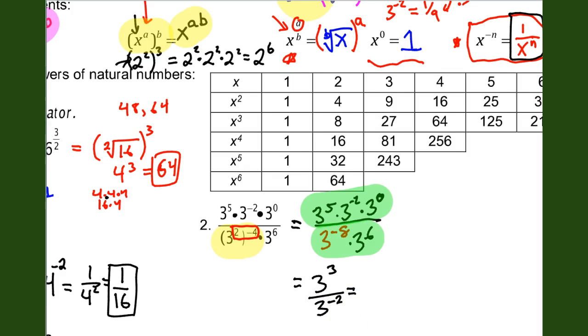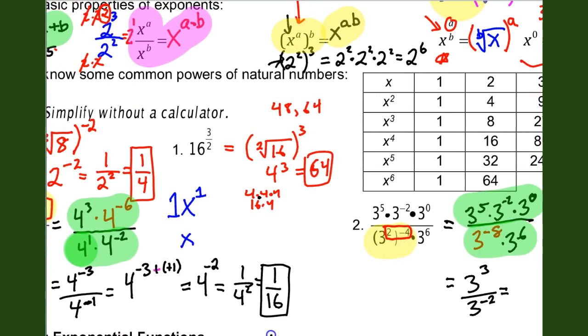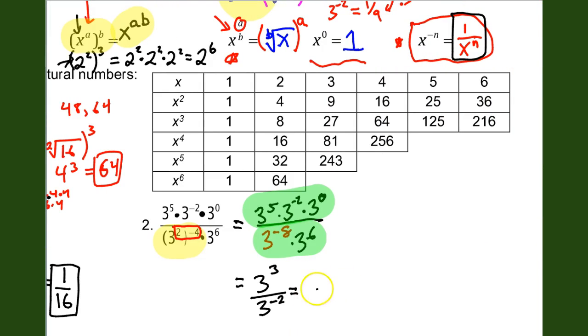Okay. So it's looking very similar to what we had over here. We had 4 to the negative 3 over 4 to the negative 1. So since we're dividing, we have a division here. Go ahead and subtract the exponents. Watch out for this double negative, just like we already explored. So we're going to have 3 to the 3rd, and the formula has us subtracting the 2 exponents.